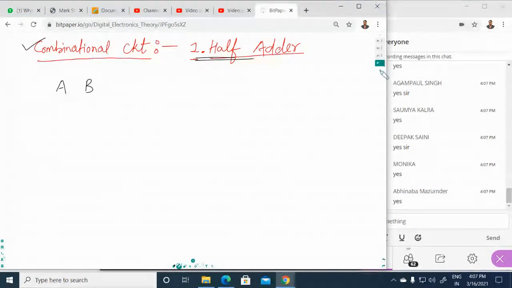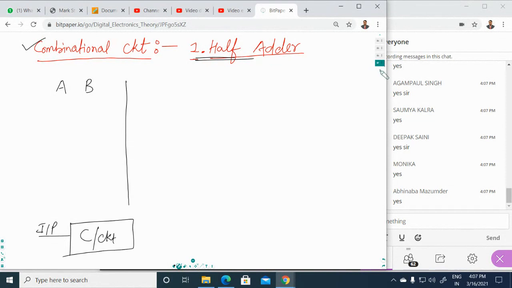As we have seen right here, these two values are A and B. Your combinational circuit has inputs, and the inputs are applied to the combinational circuit, and it will give you the output. So right here we have two inputs.